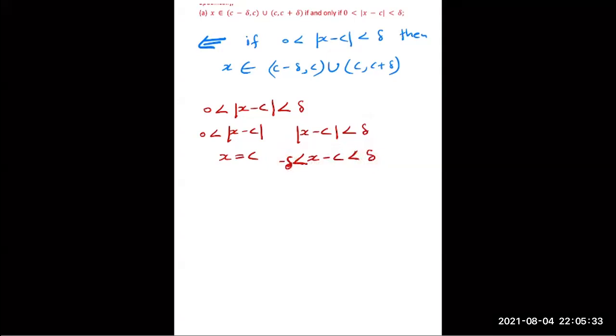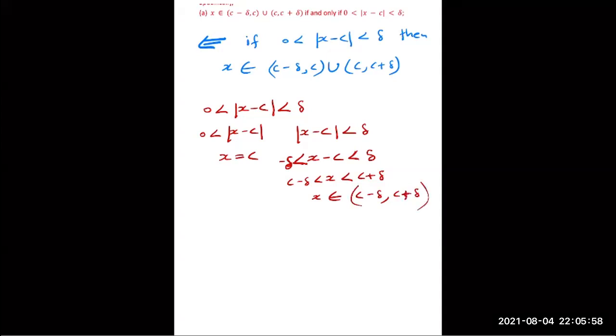I'm going to add c to every expression in this inequality. Then you get c minus delta on one side and c plus delta on the other. What does this mean? x is between c minus delta and c plus delta. That means x is in the interval (c minus delta, c plus delta). That's what it tells you.